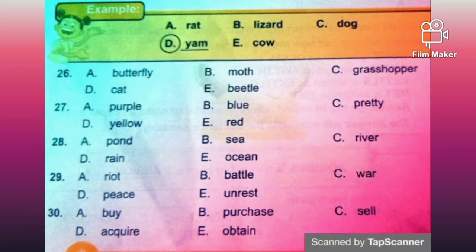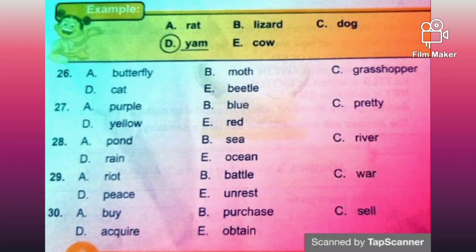Now look at butterfly, an insect, a moth, an insect, grasshopper, an insect, cat is not an insect, it is an animal, and E, beetle, is an insect. So the odd word here is cat because the others are insects and this one, option D, is not an insect. Do you understand? Good. So our answer is D, cat.